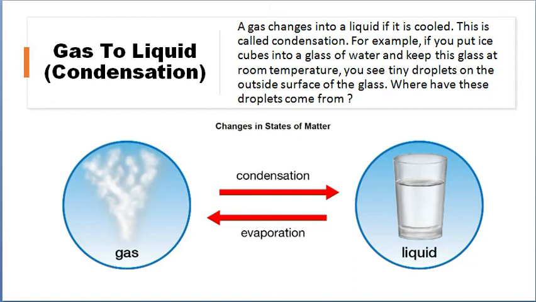For example, if you put ice cubes into a glass of water and keep this glass at room temperature, you see tiny droplets on the outside surface of the glass. Students, where have these droplets come from? This is just because of condensation.